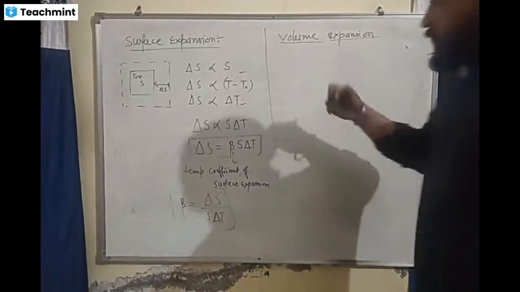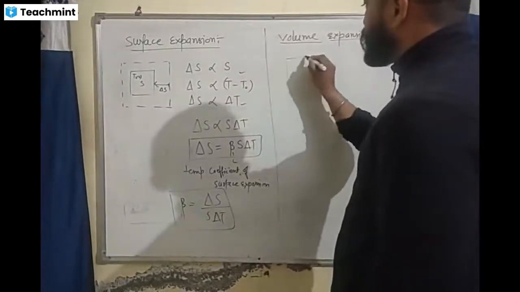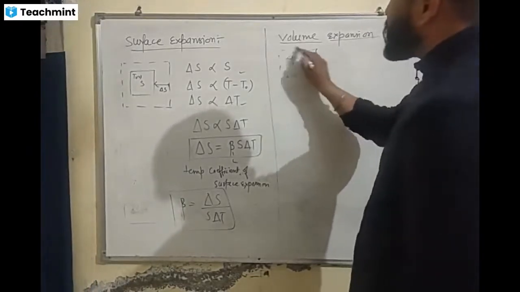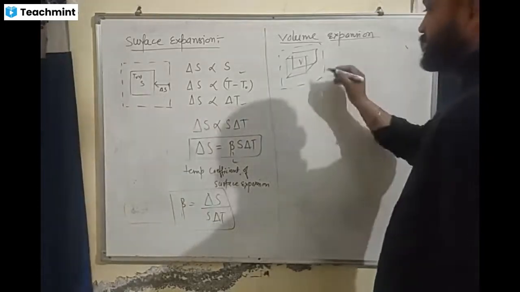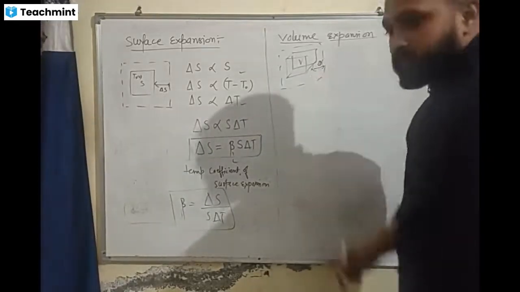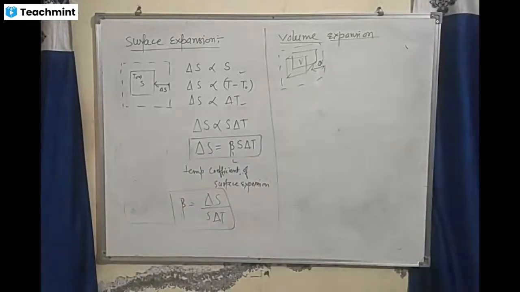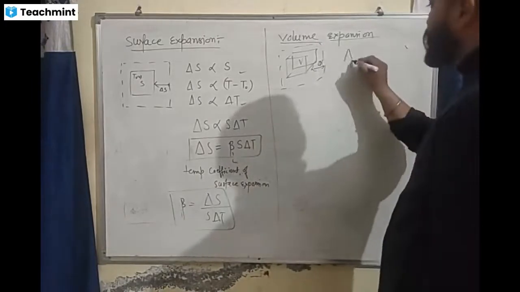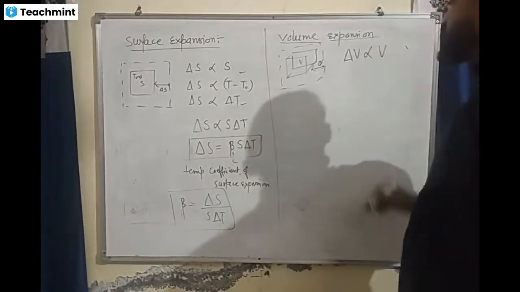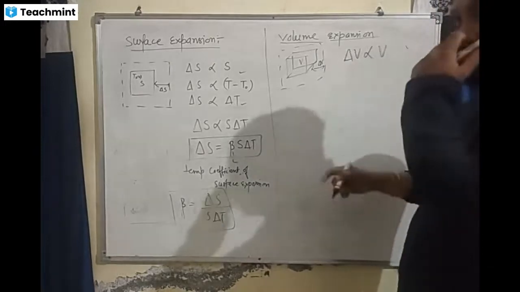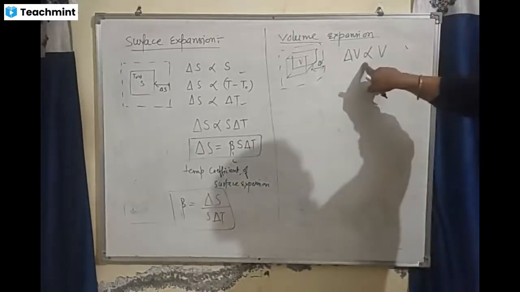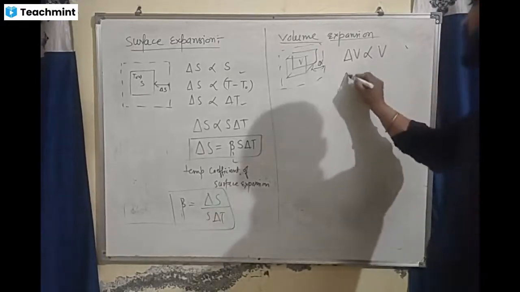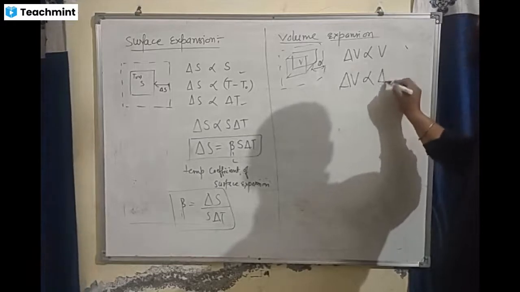Again, this is the original volume V. On increasing the temperature, its volume will also increase, so there is a change in volume, that is delta V. This delta V depends on two factors: the original volume, and the change in temperature.